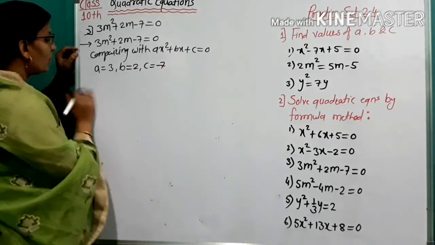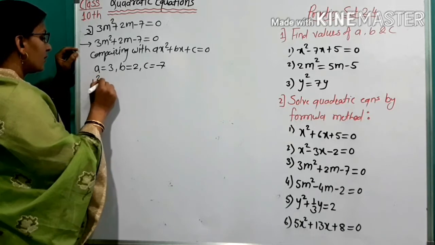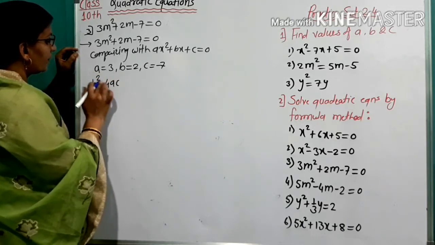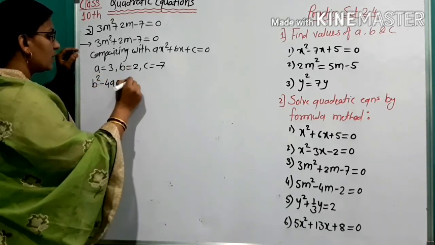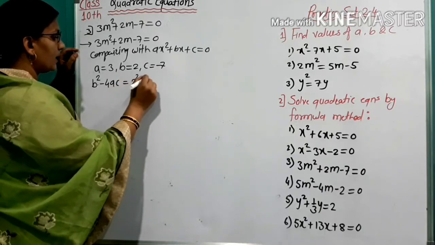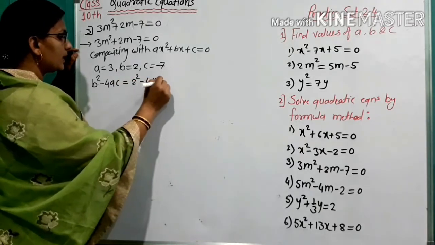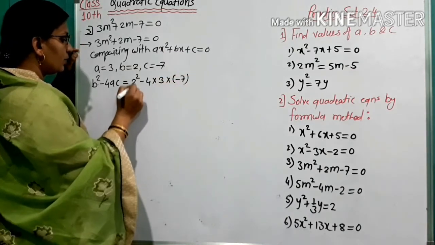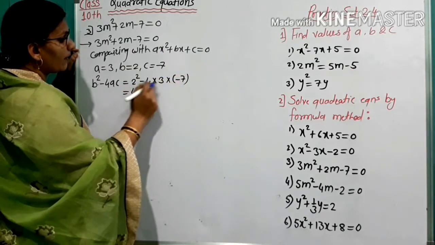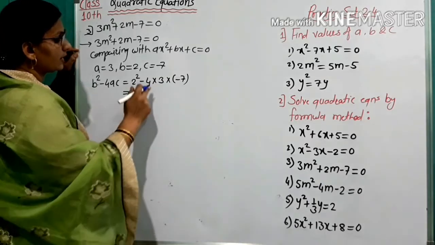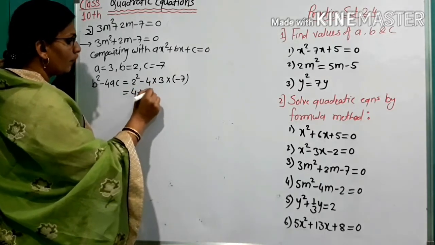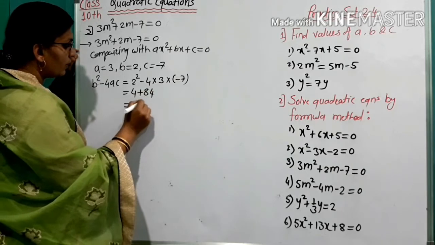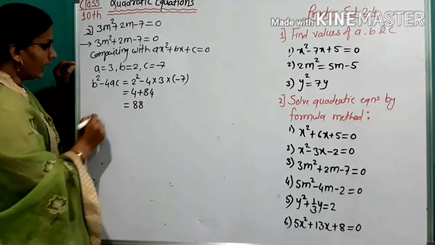So find the value of discriminant. b square minus 4ac equal to 2 square minus 4 into 3 into minus 7. 2 square is 4, minus minus plus 84. Therefore the value of b square minus 4ac is 88.